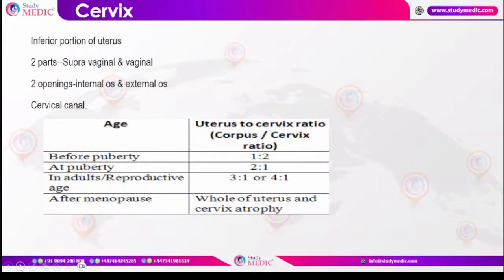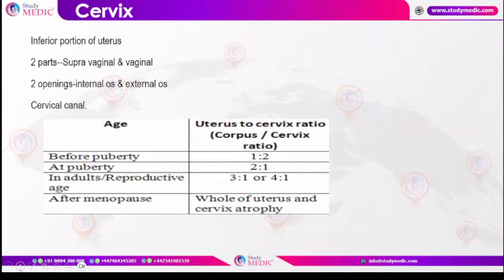Now the next part that you should remember is about the cervix. There are 2 parts of the cervix, the supravaginal part and the vaginal part. There are 2 openings, the internal os and the external os, and in between you have the endocervical canal. The commonest question asked about the cervix is the ratio of the uterine cervix to the fundus, either before puberty, like at birth, during puberty, during the reproductive age group, or at menopause.